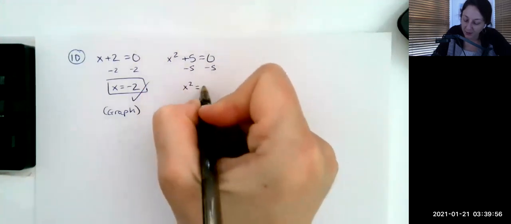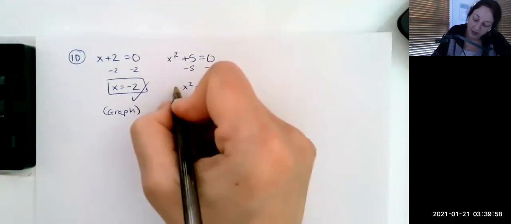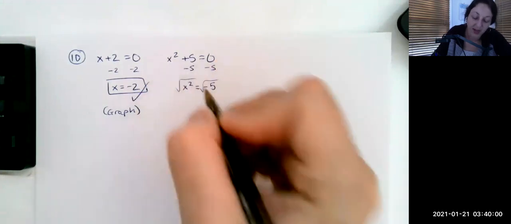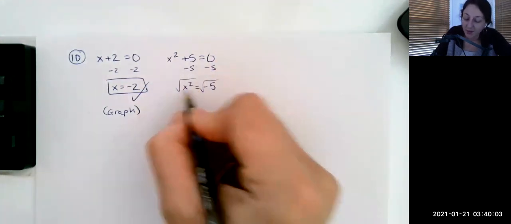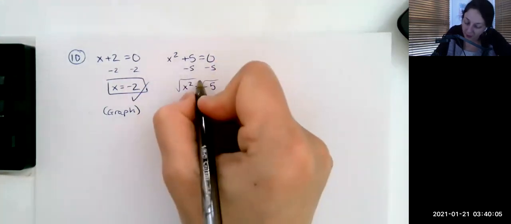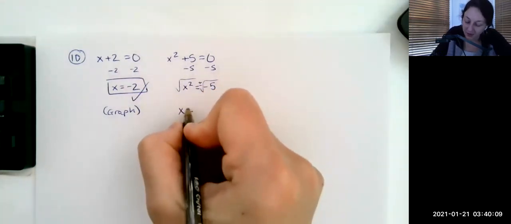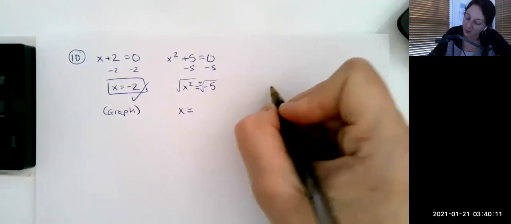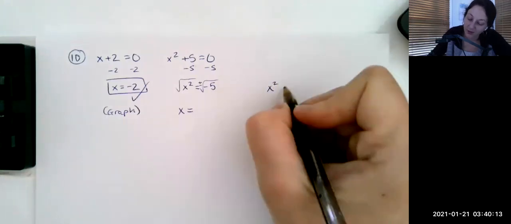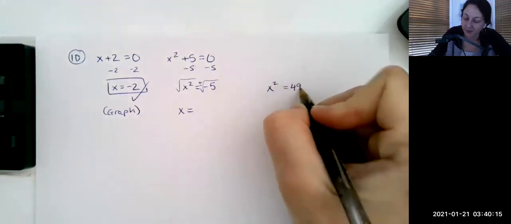x squared equals -5. Take the square root of both sides. And anytime you solve with the square root, you must put a plus or minus in front. That's because, let's say we had x squared equals 49.